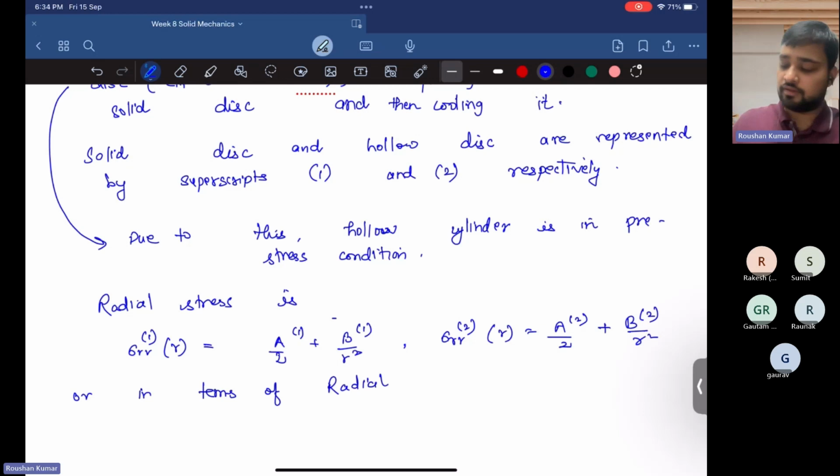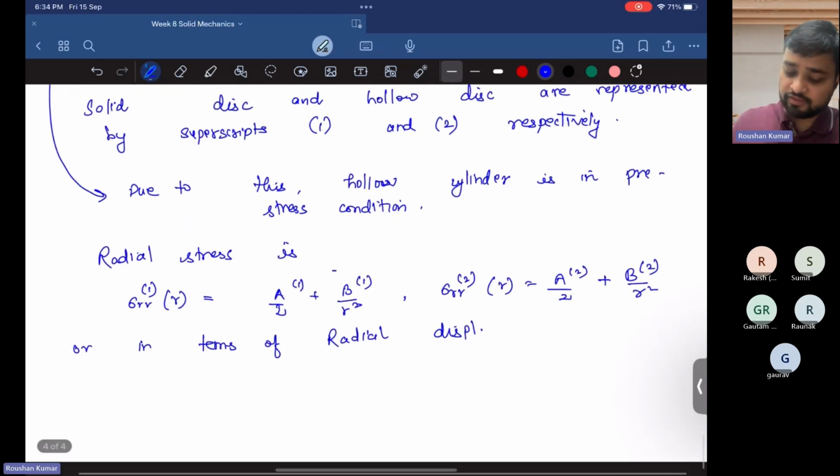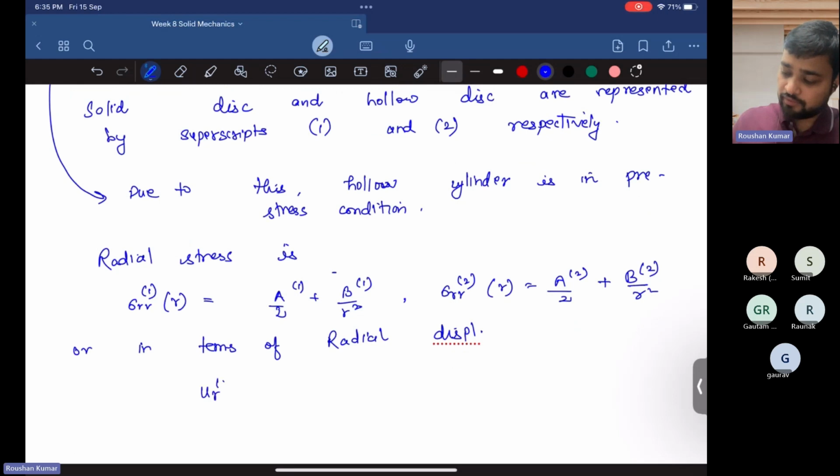We can also write it in terms of radial displacement. In terms of radial displacement, u r at 1 is given by c1 at r by 2 plus d1 at r by 2.